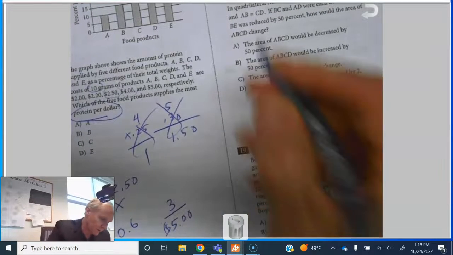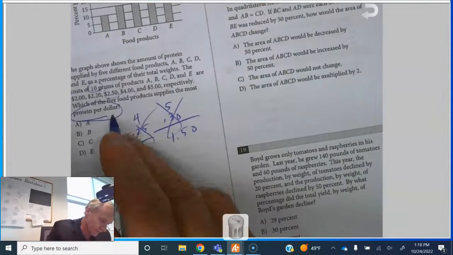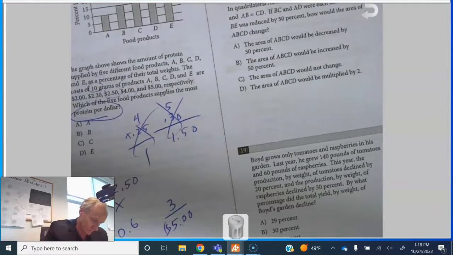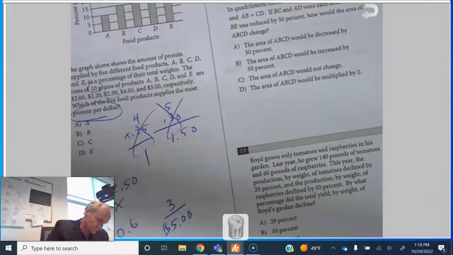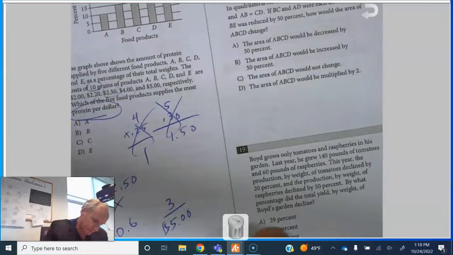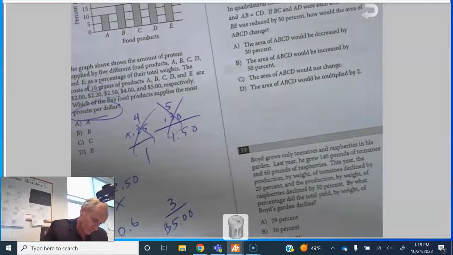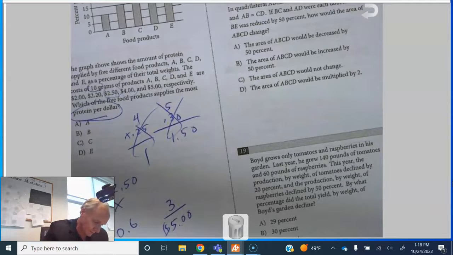So slow, so slow. C is going to be 2 grams of protein for $2.20. $0.9 per dollar. And D, E is the only one.